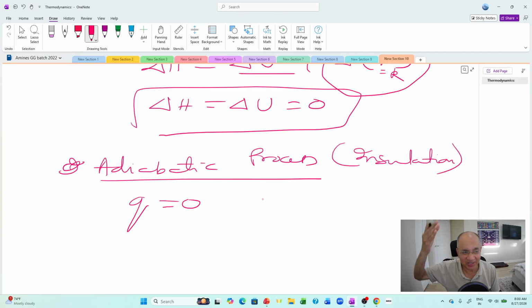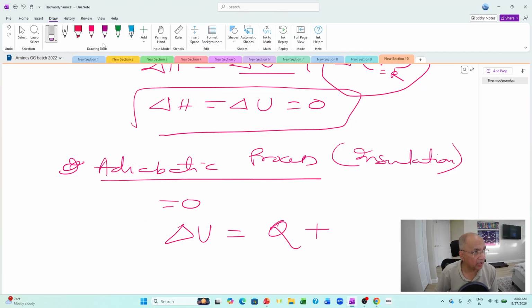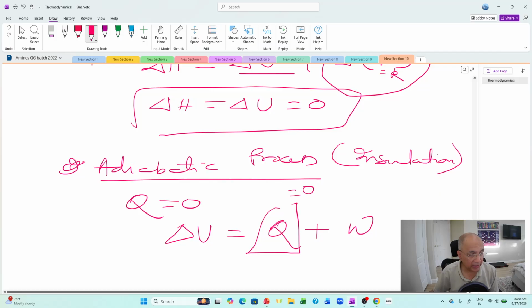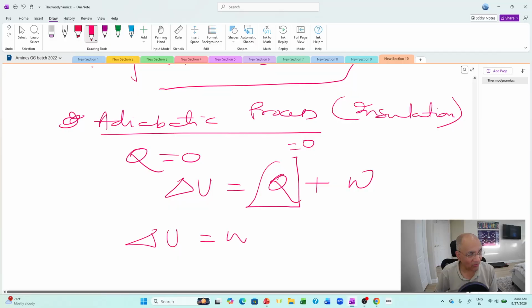It is sealed, insulated, so no heat transfer can occur. But if you take up the first law, del U is equal to capital Q plus W, and if Q becomes 0, then del U will be equal to W.